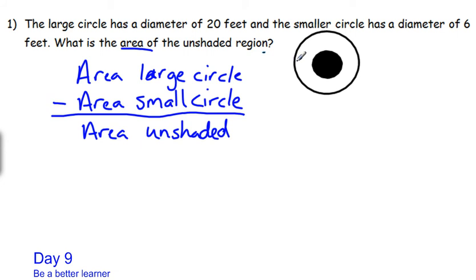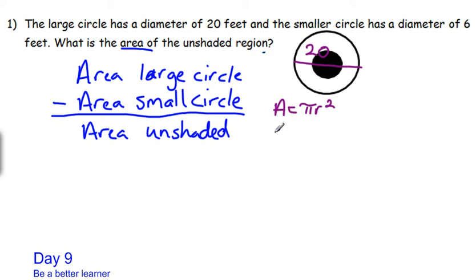So we know that the diameter of our big circle is 20 feet. So let's find the area of that. We know area of a circle is pi r squared.